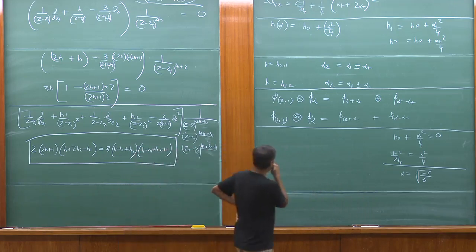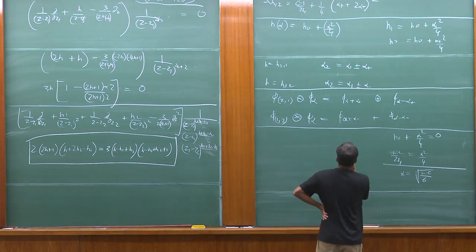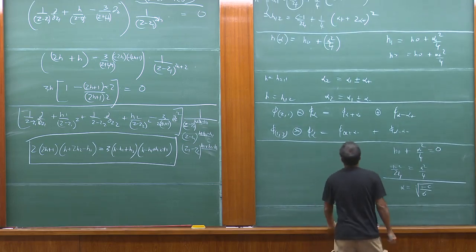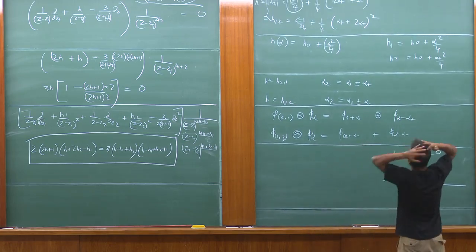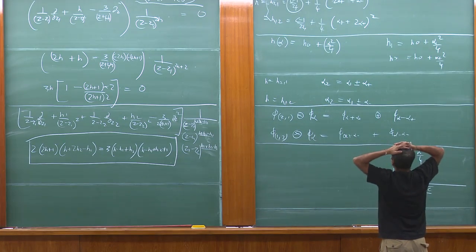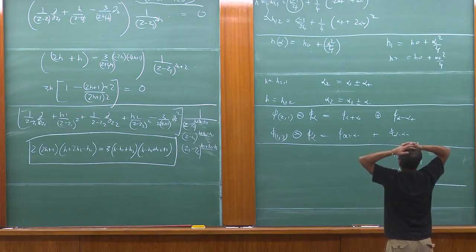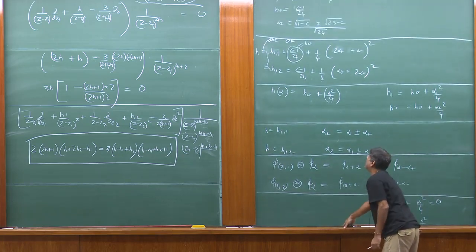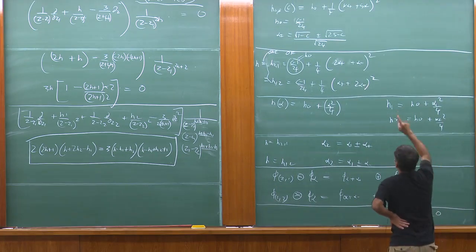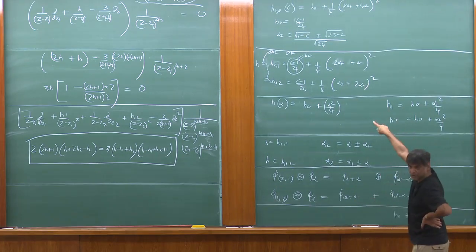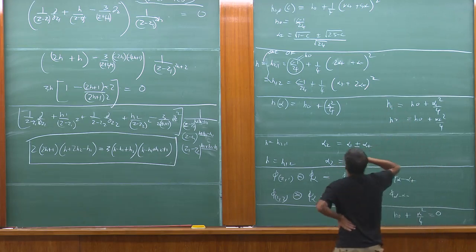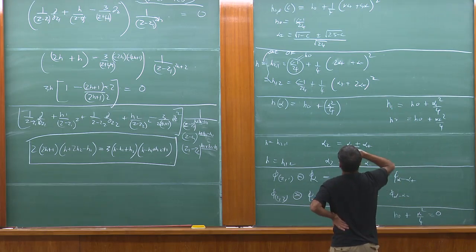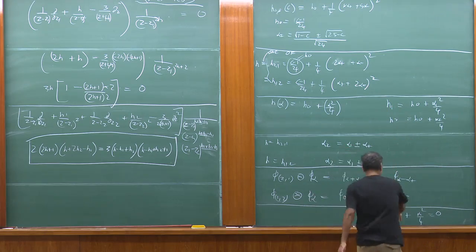Right. Now, let's look at what happens for this value, that is r equals 1, s equals 1, because when we take 1 and 1, we'll cancel the square root of 25 minus c. Let me just check that.